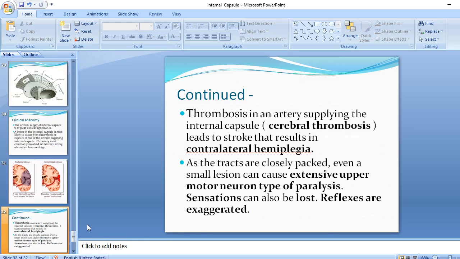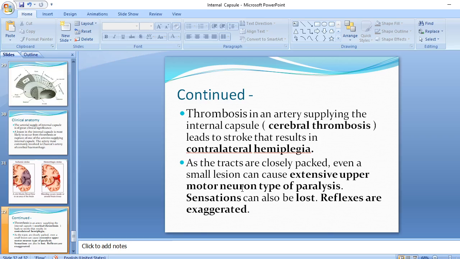Now, upper motor neuron means the fibers which are coming from the cerebral cortex to the spinal cord or to the cranial nuclei are interrupted, because the motor pathways are of two order neurons, upper motor neuron and lower motor neuron.